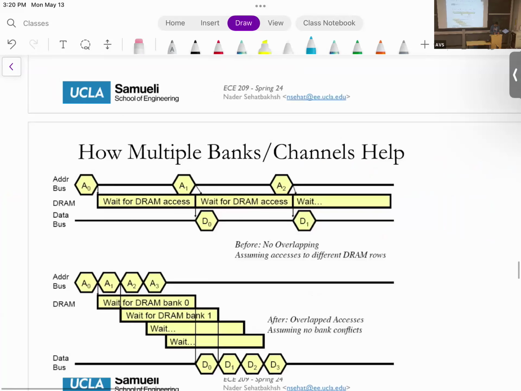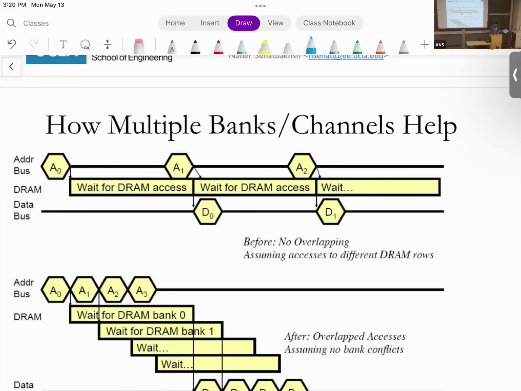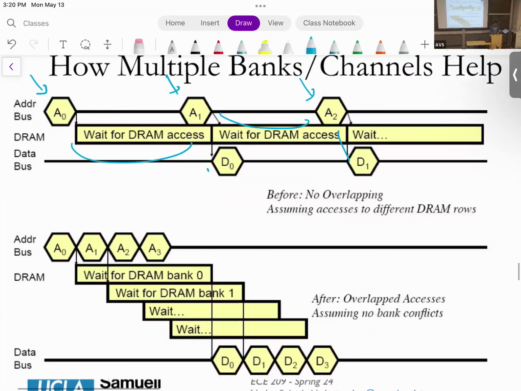So as you can see, for example, if I have a bunch of different addresses, A0, A1, A2, without banks I wait for the DRAM to get the data, wait for the DRAM to get the data. But if they all map into different banks, then this one comes, goes to one bank. Immediately, this one comes, goes to another bank, and then boom, boom, boom.